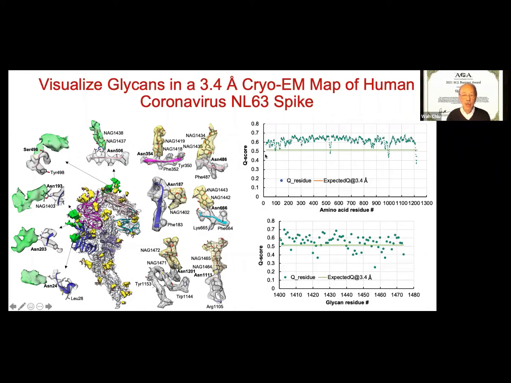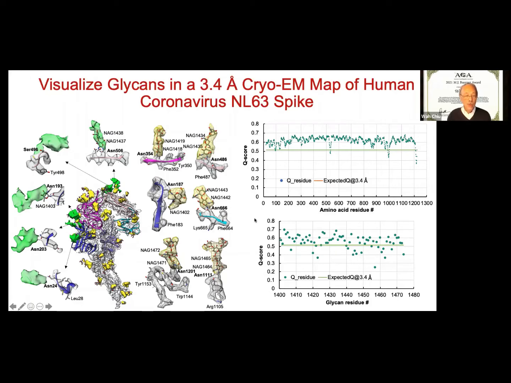The Q score is way above the expected Q score at this 3.4 angstrom, which was derived from over 50 PDB maps that we analyzed. Interestingly, when we apply this analysis to the glycan part, the glycan we also saw quite well, with a similar score as the amino acids.